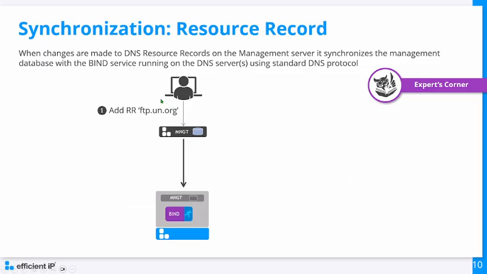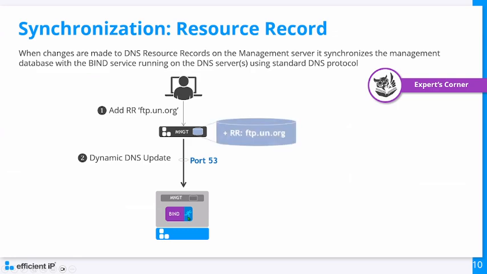This resource record will be added to the management database, and after that, it will be immediately pushed to the remote DNS server using dynamic update, basically using port 53. So this is actually DNS traffic. They use the DNS traffic to update the remote DNS server. Are you clear with that?